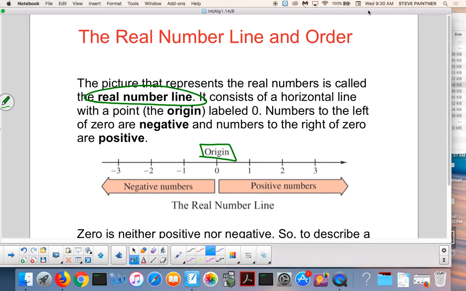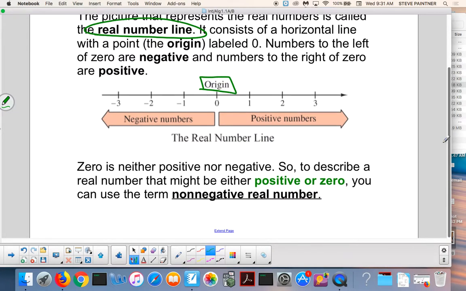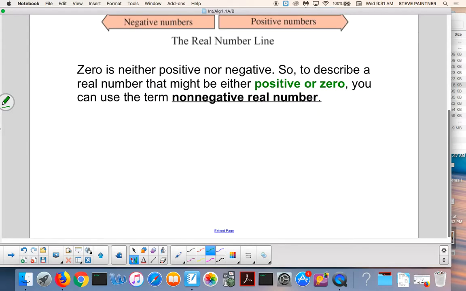Now, this is a comment down here that you need to kind of understand. The book will talk like this, and you need to know what the book is saying. So let me read this to you. You can use the term non-negative real numbers. If the book ever says non-negative real numbers, what are they talking about?